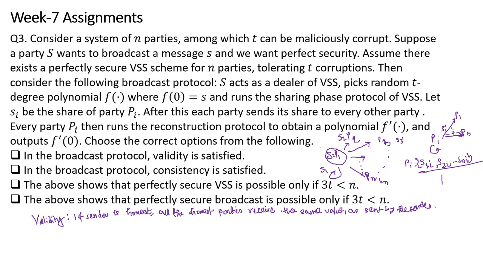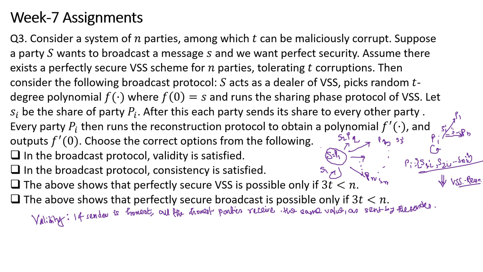So they are not talking about any particular reconstruction protocol, but we know that with the help of the reconstruction of the verifiable secret sharing protocol, they will be able to correctly get back a polynomial f'.